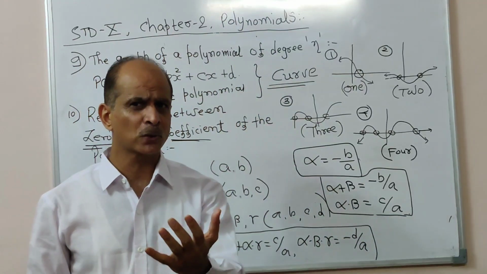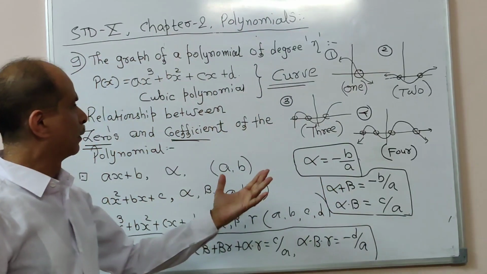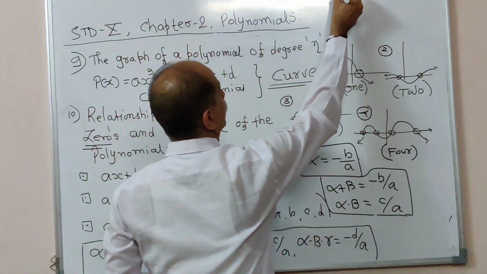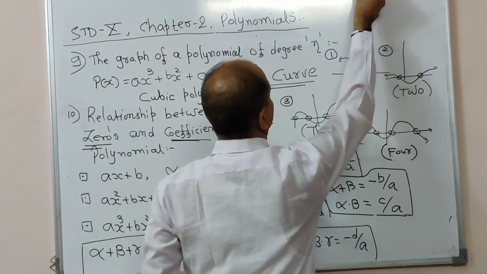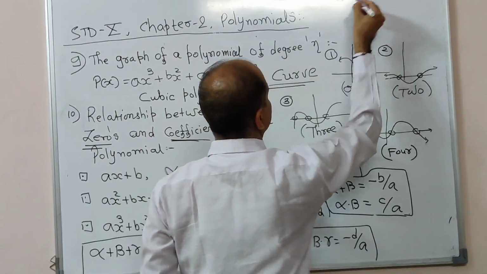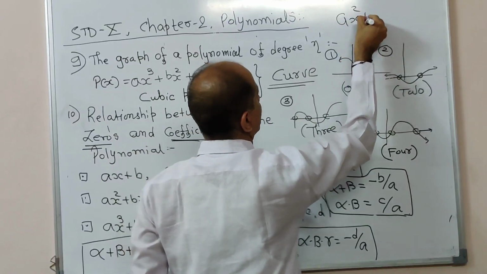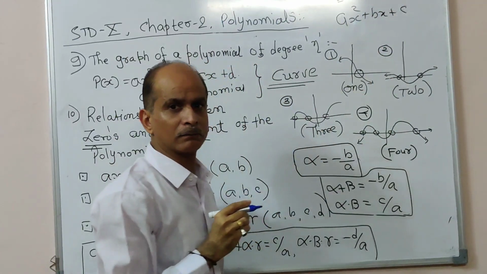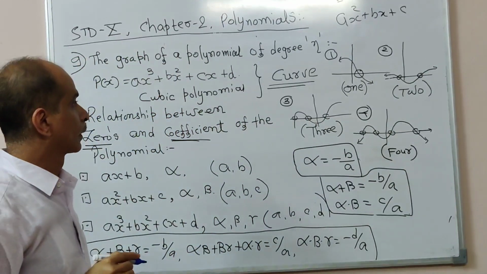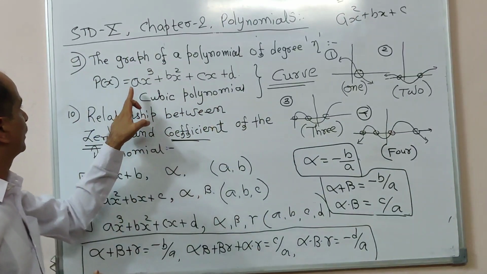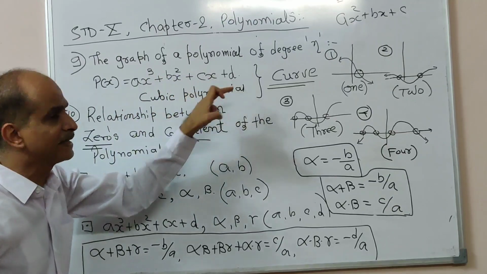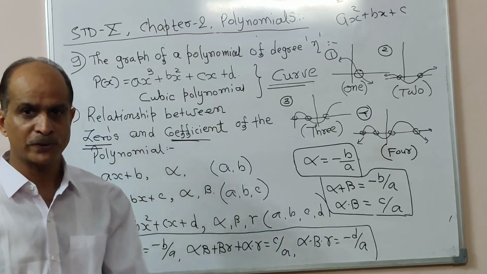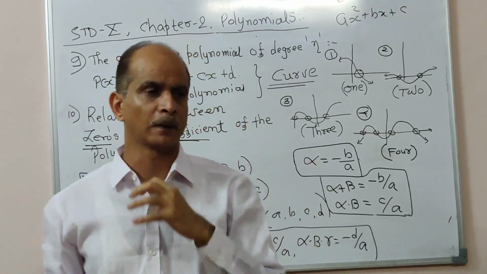We also know what a coefficient is. For a linear polynomial, a and b are coefficients. For a quadratic polynomial, a, b and c are coefficients. Similarly, for a cubic polynomial, a, b, c, d are coefficients.